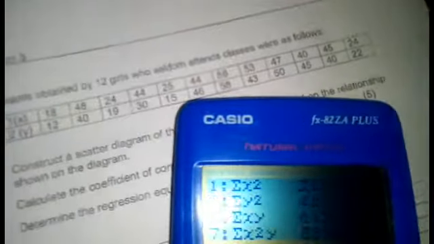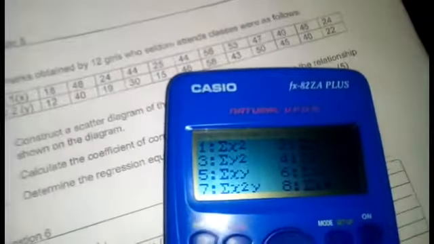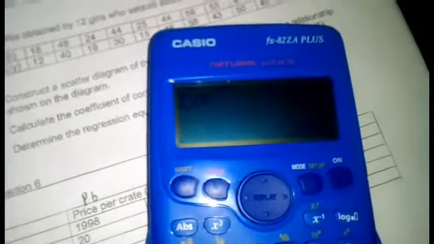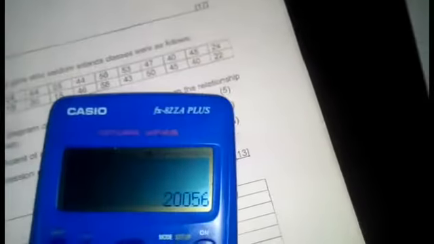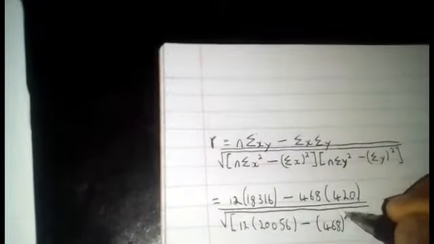The sum of x squared is option number 1. 20,056 minus the sum of x all squared. We already have the sum of x, which is 468. 468 all squared.